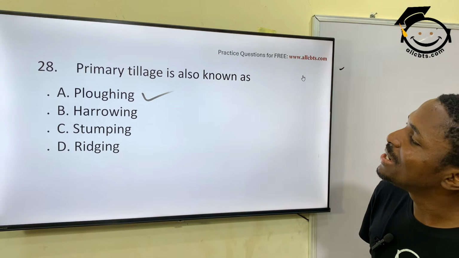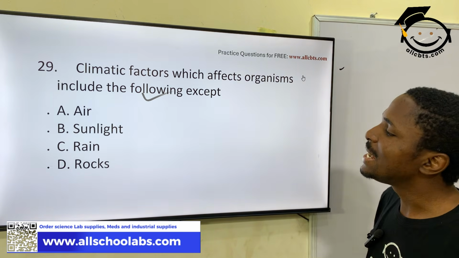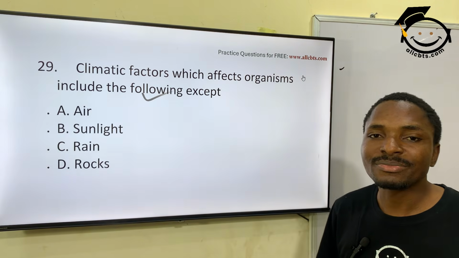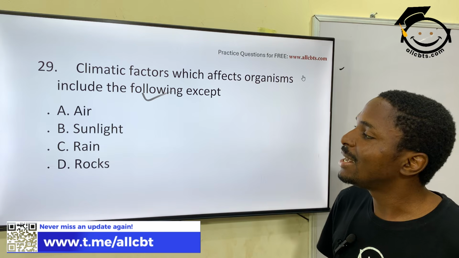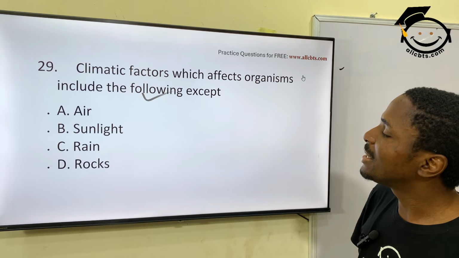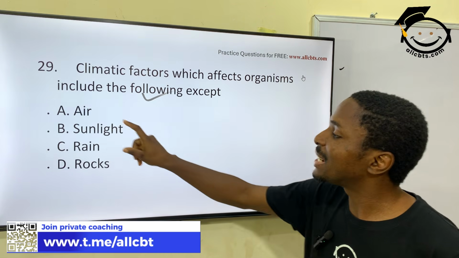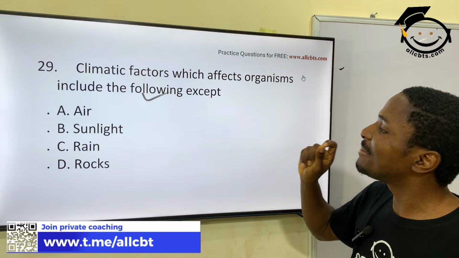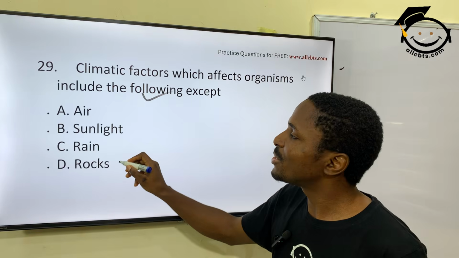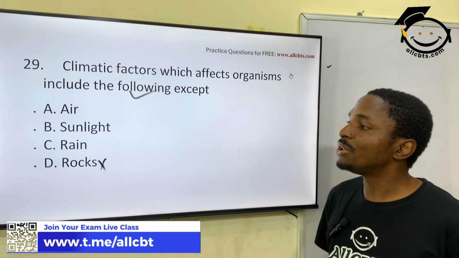Climatic factors which affect organisms include the following, except: air, sunlight, rains, and rock. Air affects organisms. Sunlight and rain too. The only thing that is not a climatic factor that affects organisms is rocks. So rocks is the correct option.